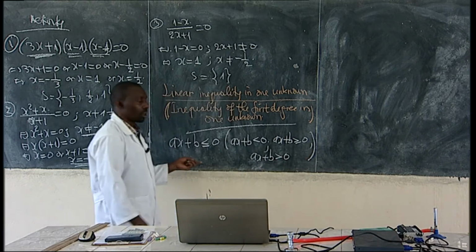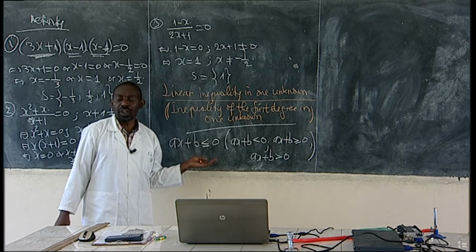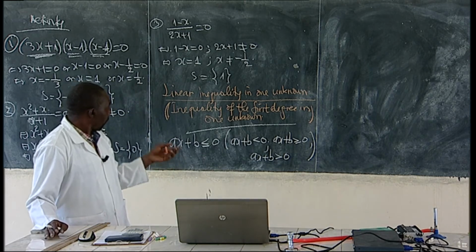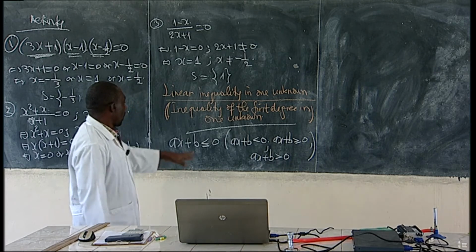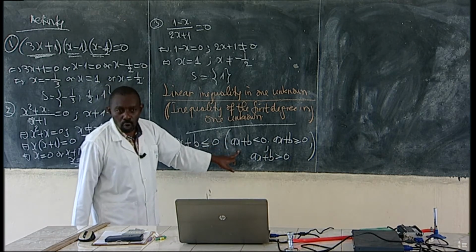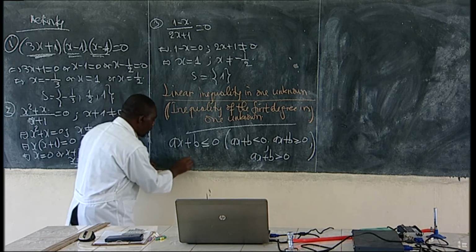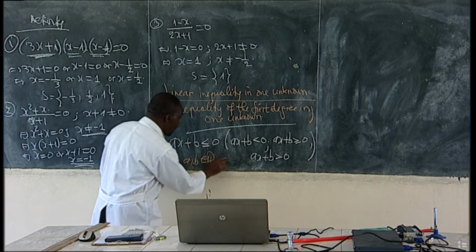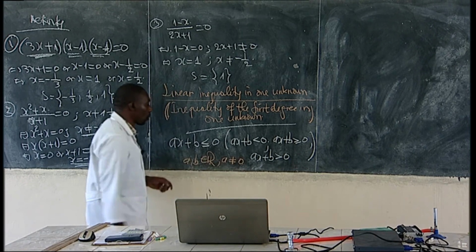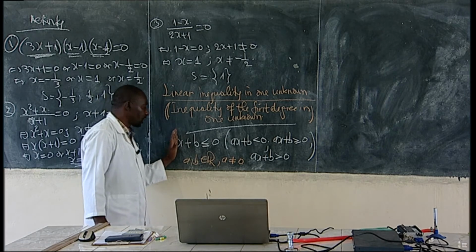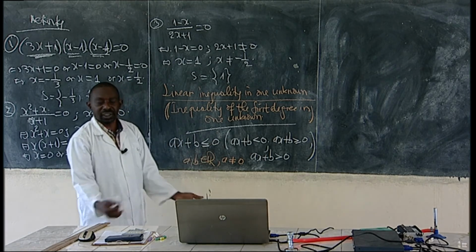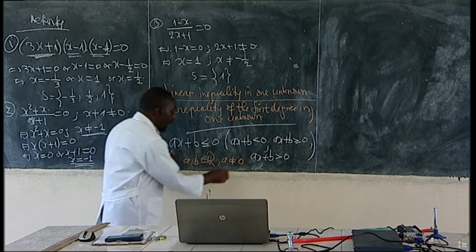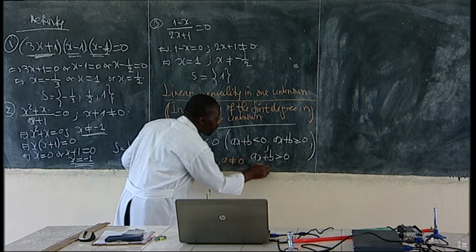All of these are inequalities of the first degree in one unknown. Here, a and b are real numbers, and a must be different from 0, because if a equals 0, we have just a constant.